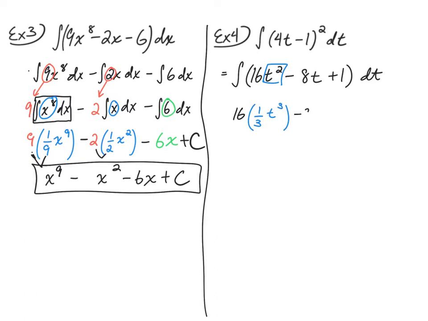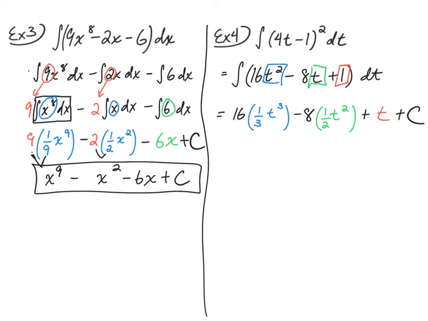So I will subtract 8. And for this variable, I will add 1 to the exponent and multiply by the reciprocal of the new power. This last one here, luckily we can just write plus t. Right? The antiderivative of 1 is t, and at the end we'll have a plus c.